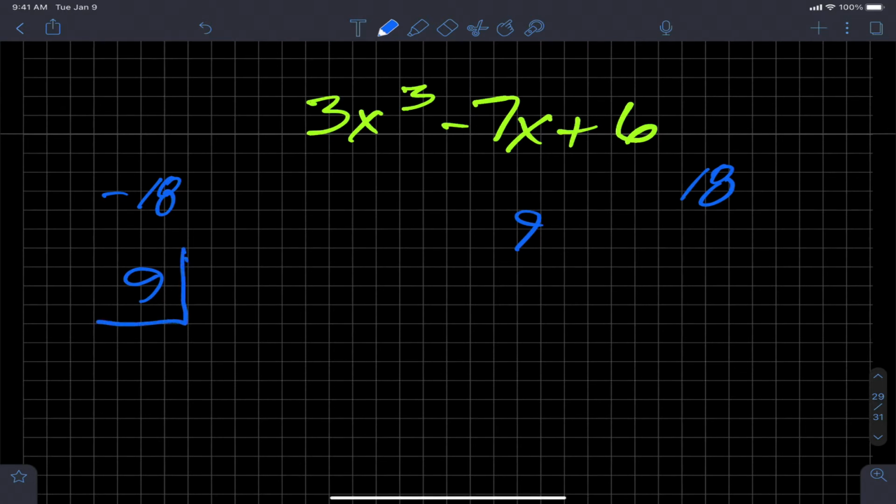Now here's the error that I made when I worked with this with one of your peers, a student: I failed to put in the 0 terms, and I just went to town on it, and all the work was just wrong. So there's an x cubed term. There's no x squared term, so I must put a 0 in there. Minus 7x.